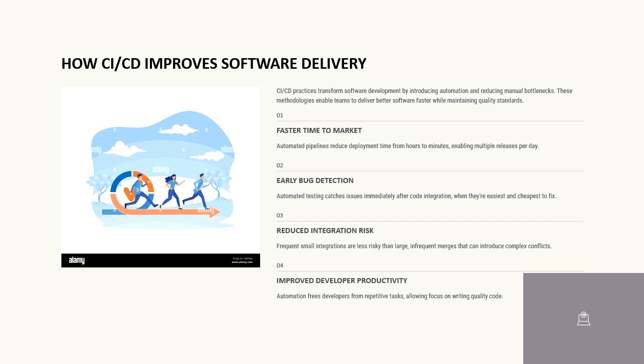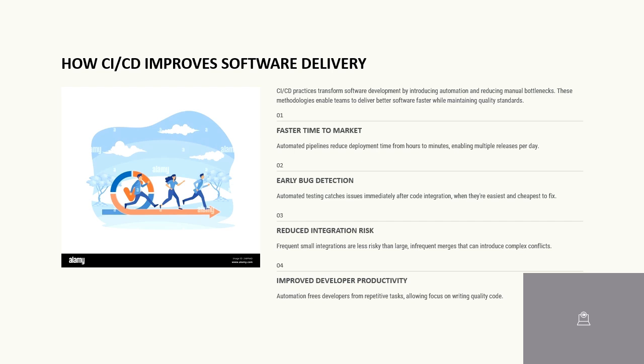Similarly, continuous deployment is an evolution that goes one step further than CI. If the code build passes the tests, it will automatically be deployed to production. The advantage is faster delivery and frequent updates to the user.